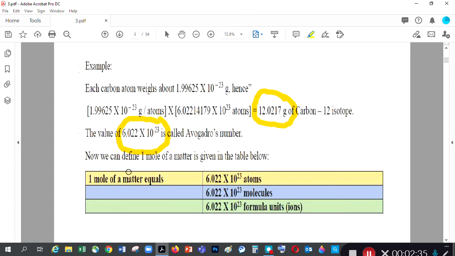Here's the definition: in 1 mole, we have Avogadro's number of atoms or molecules or ions, sometimes called formula units.